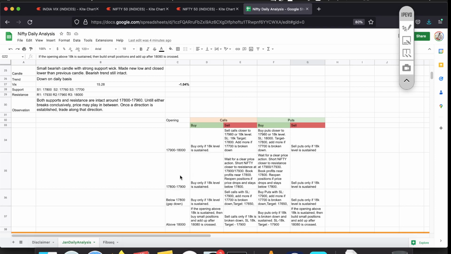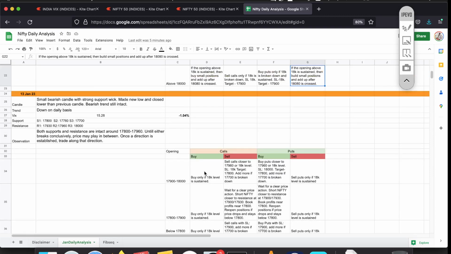I mentioned that if the opening is between that, don't buy calls or sell puts right away. To short Nifty, wait for a clear price action. Short Nifty closer to a resistance like 17,900 or 17,930, and book profits near 17,800. Or reopen positions only if price drops and stays below 17,800. That was the trade plan for today's Nifty session from yesterday's analysis.